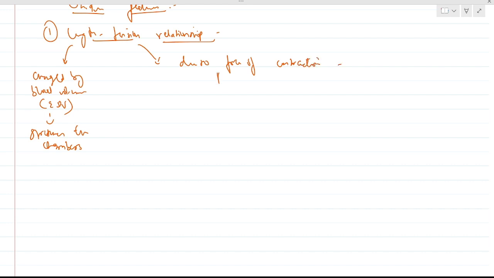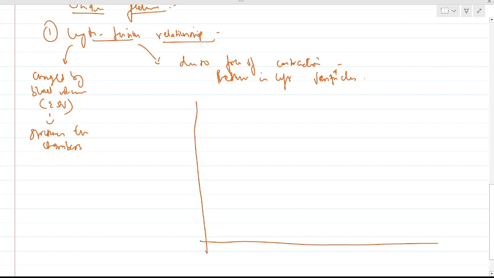That is the pressure in the left ventricle. Now if we draw a graph, in the y-axis we take pressure. It is our tension.